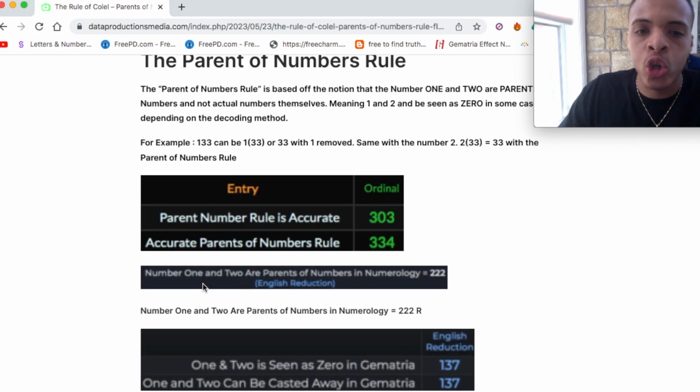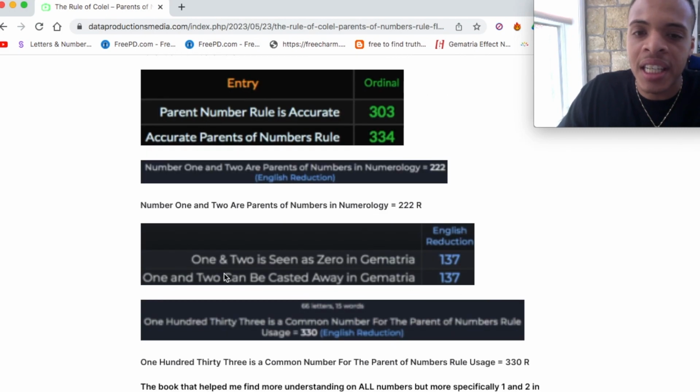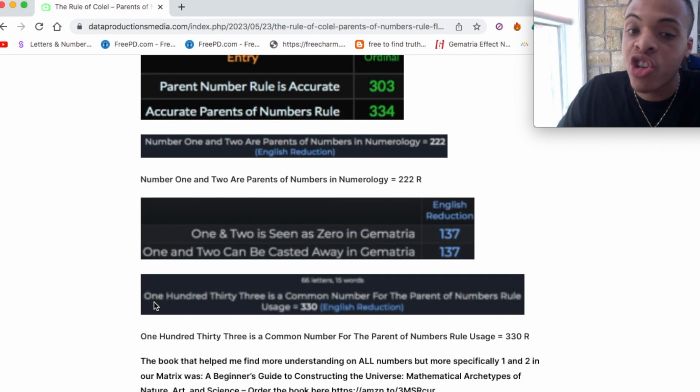Number 1 and 2 are parents of numbers in numerology, 222 in English reduction, powerful. 1 and 2 is seen as 0 in Gematria, and 1 and 2 can be casted away in Gematria, both 137 in English reduction. 133 is a common number for the parent of numbers rule usage, 330 in English reduction.